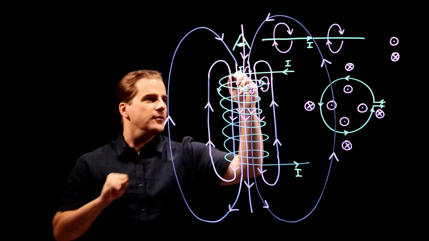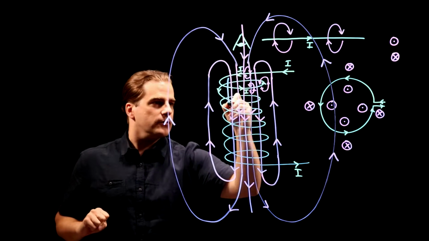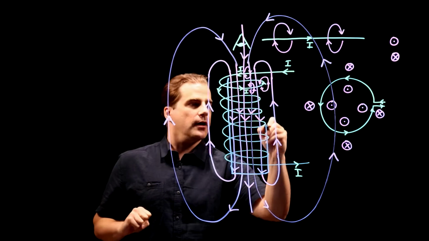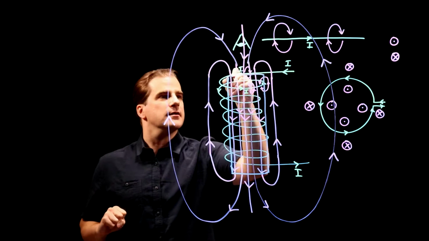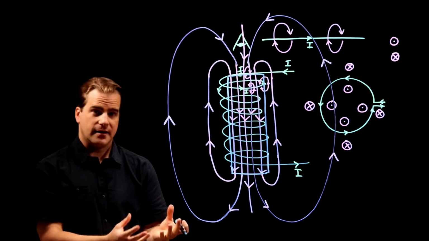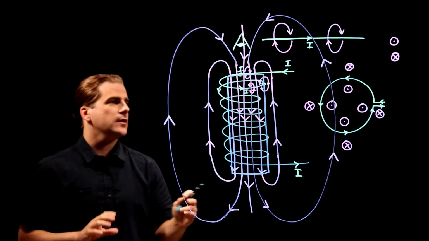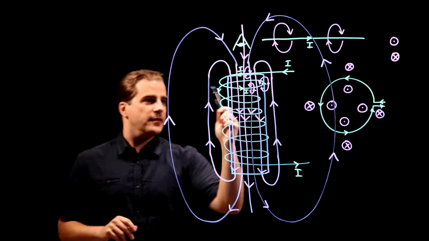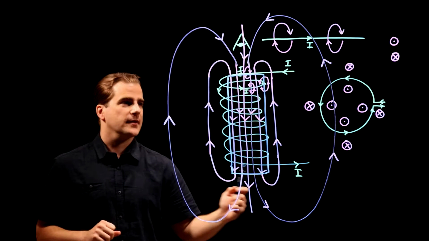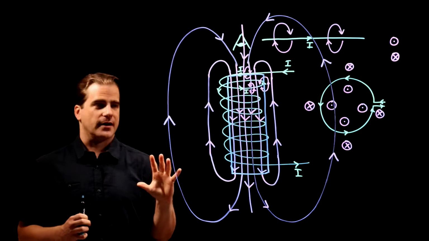Okay, so you just put a lump of iron, not a magnet. It doesn't have to be already a magnet, just a non-magnetized iron core, and wrap the solenoid around it, wrap the wire around it, and then you've got an electromagnet.